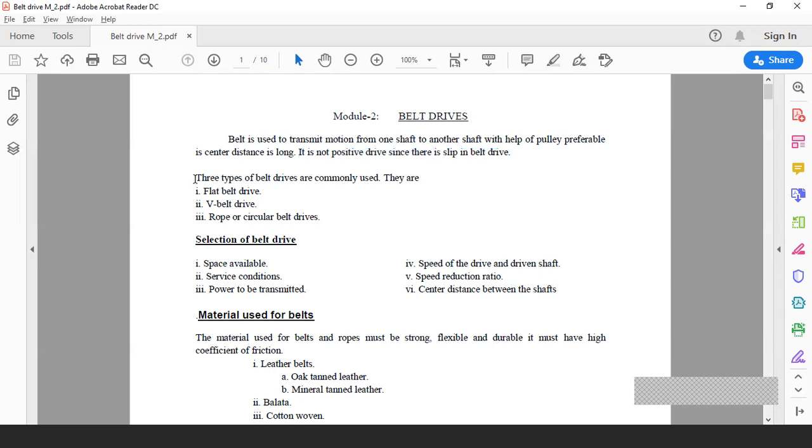There are three types of flexible drives or belt drives which are commonly used. One is called the flat belt drive. With respect to the flat belt drive, the cross section is a rectangle.